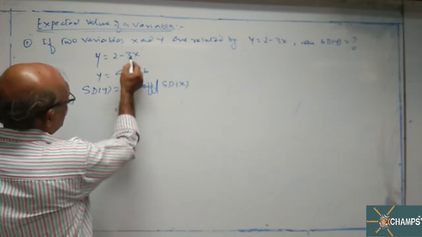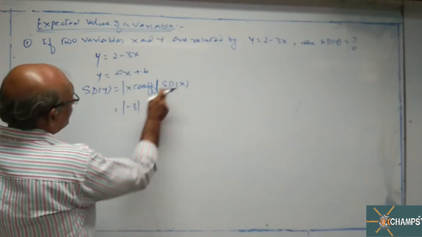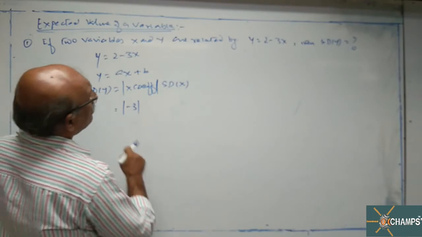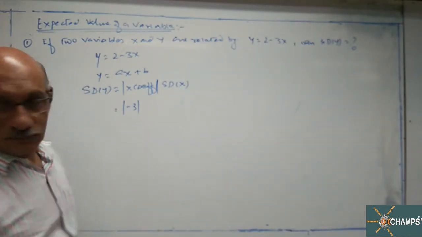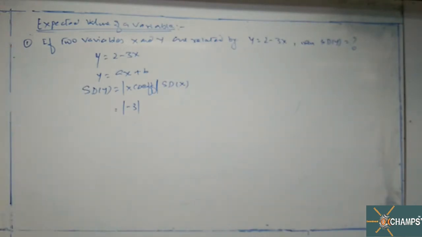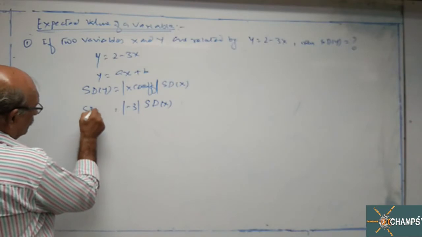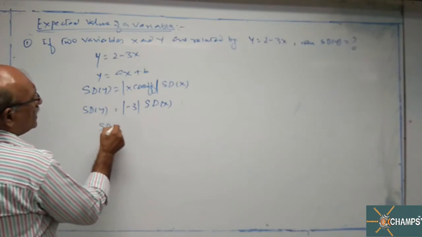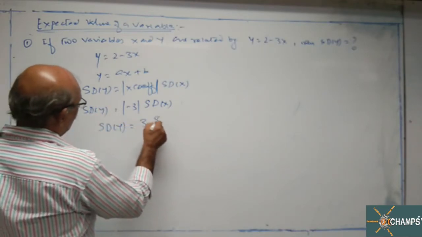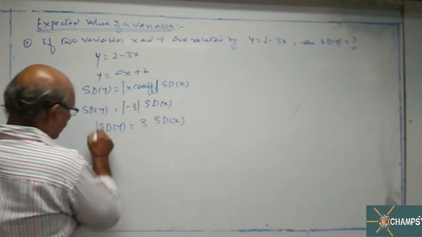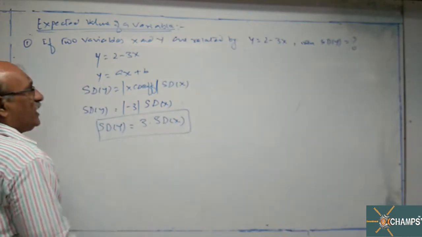Now the x coefficient is minus 3. Standard deviation of x is not given in the question, so I'll keep it as it is. So standard deviation of y is equal to 3 into standard deviation of x. This is the relation between them.